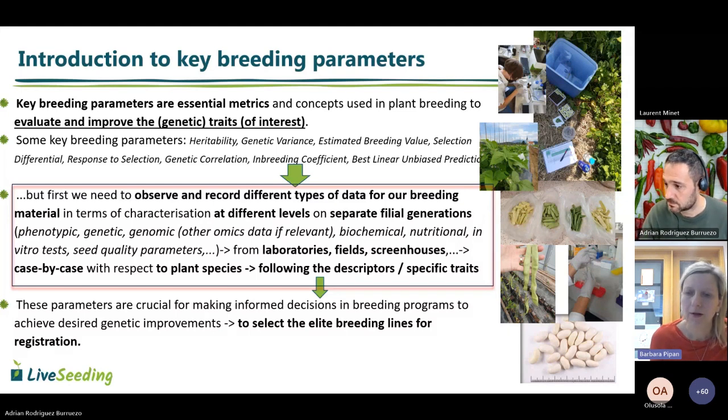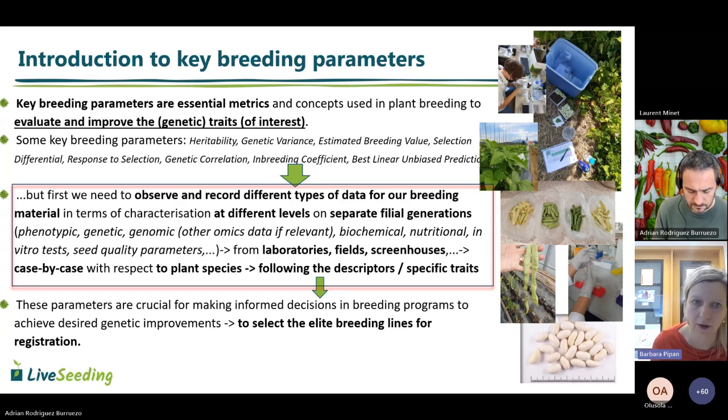And before we can calculate and evaluate key breeding parameters, we have to collect and record the results, the data about different traits on different levels.